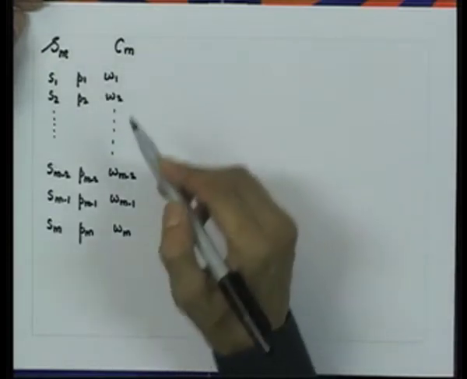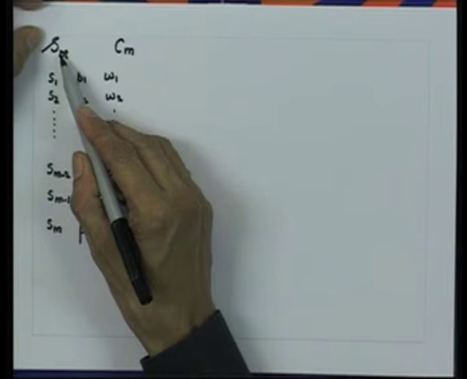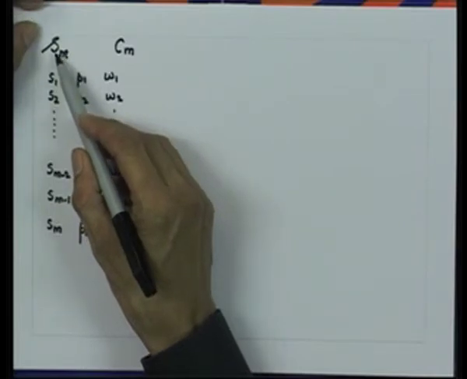Now, in the Huffman procedure, what we basically do is obtain a reduction of this source.